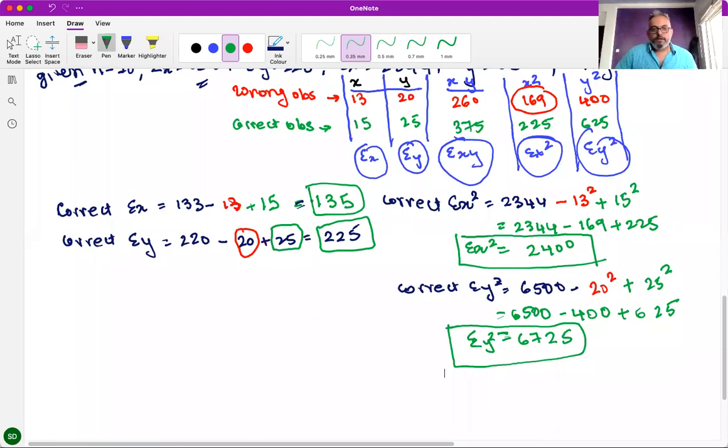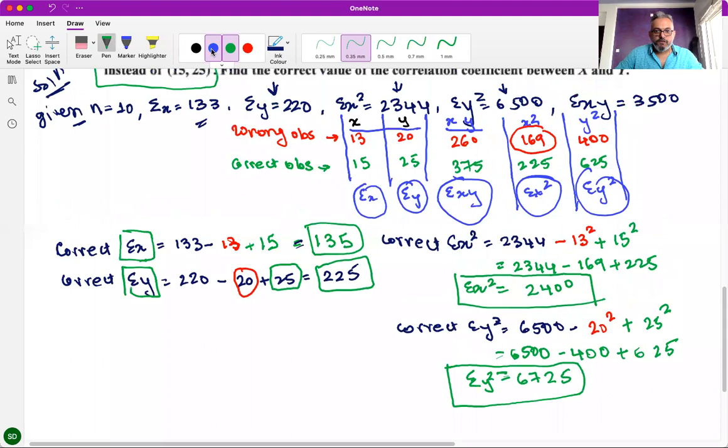Now, ये हो गया सिग्मा x, ये हो गया सिग्मा y. Now sigma x square, sigma y square. Now sigma xy का टर्न है. So let's go to sigma xy, wrong one.